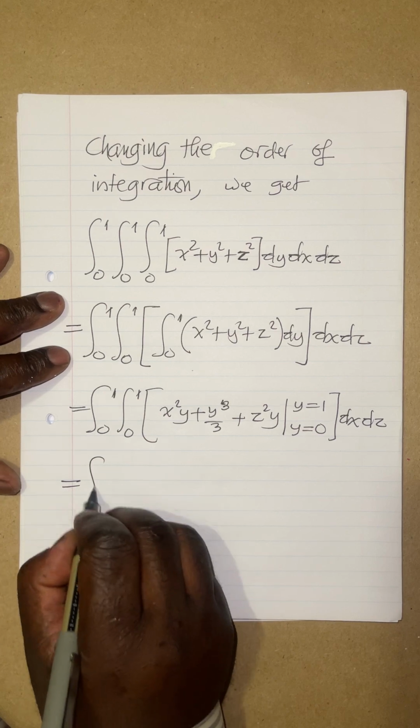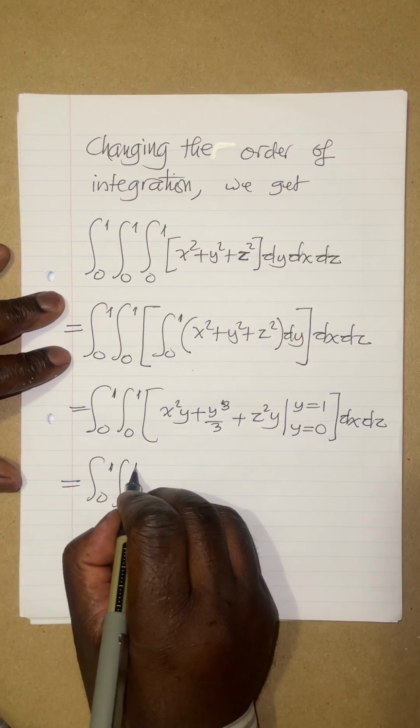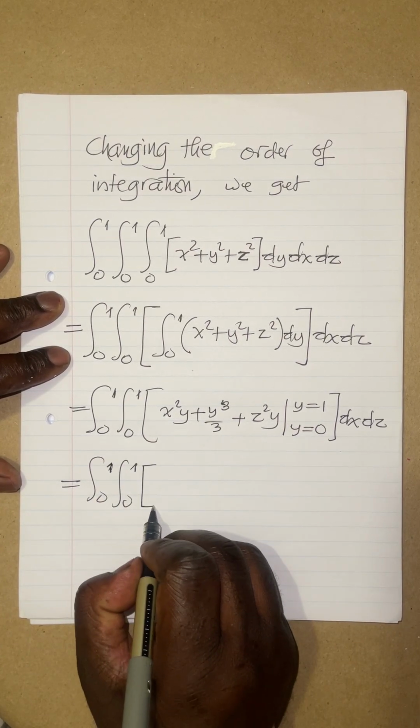So now I have the integral from 0 up to 1, integral from 0 up to 1 of, let me substitute.